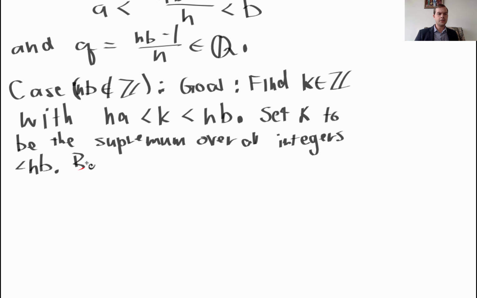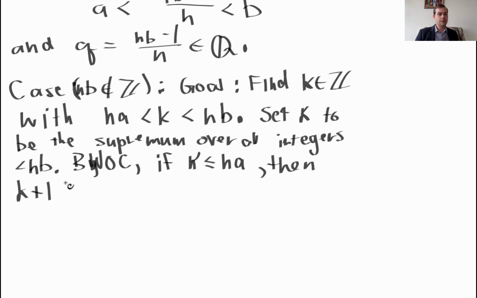Now, by way of contradiction, if k is less than or equal to na, then k plus 1 is less than or equal to na plus 1. And then by our Archimedean property, we've shown that this is strictly less than n times b.